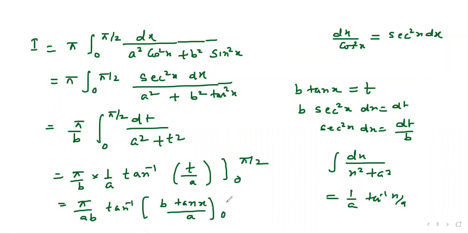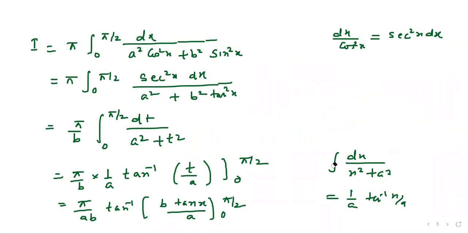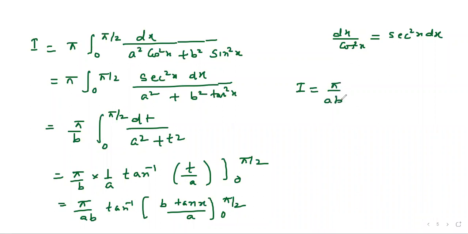And then we must put the limits. So it will become I equal to pi upon ab tan inverse. And when we put pi by 2, tan pi by 2 is infinity.